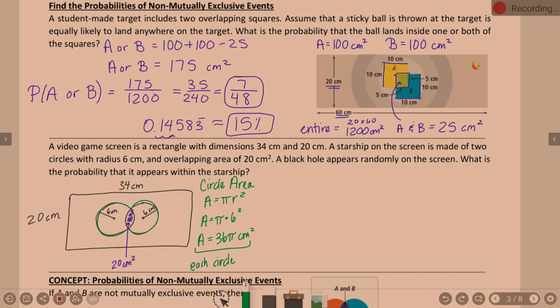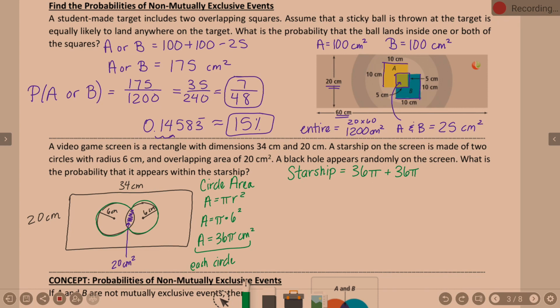Okay, so let's talk about the area of the starship. What's the area of the starship going to be? What are the pieces? 36 pi for one circle plus 36 pi for the other circle.